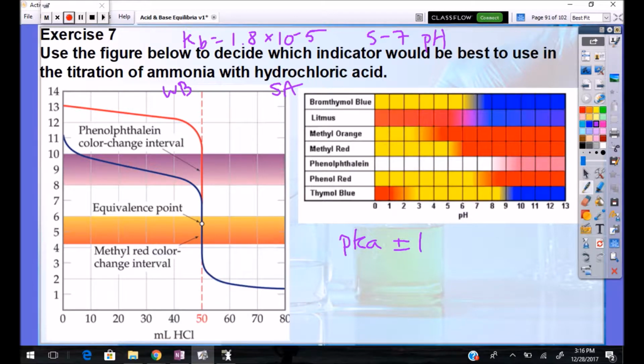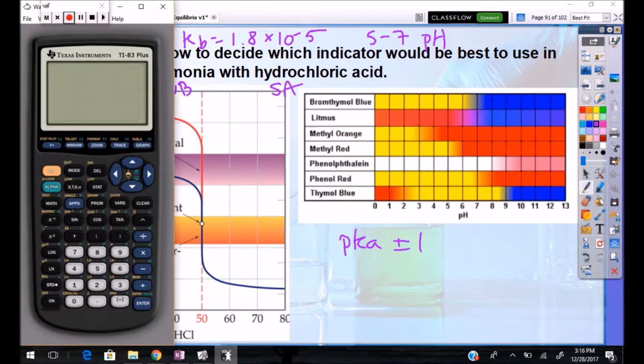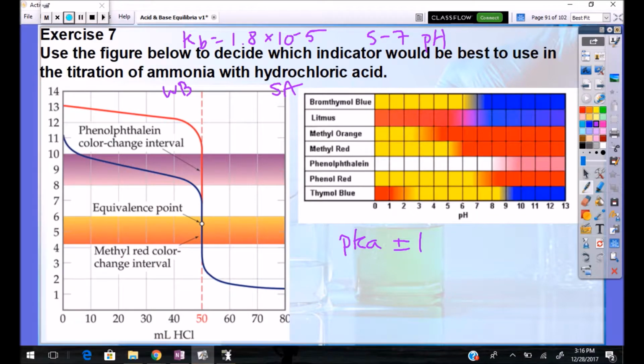We want our indicator to be in the range of pK plus or minus 1. So negative log of 1.8 e to the negative 5. So that's like 4.7, about 5, right? 5 to 7-ish. All right.